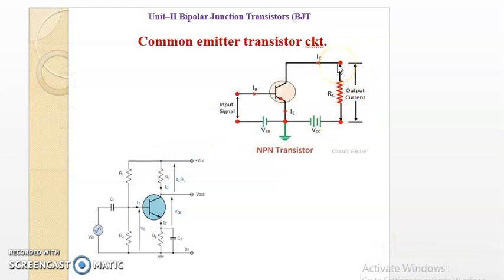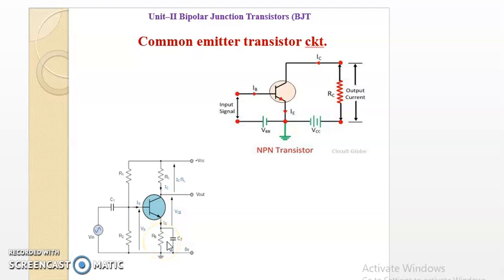Output is to be obtained between these two electrodes, collector and emitter. Here the battery is positive, here negative, so this is reverse biased. The second diode, this collector diode, is in reverse bias.